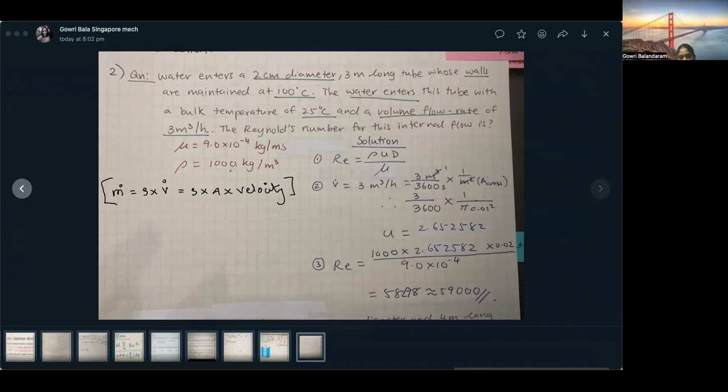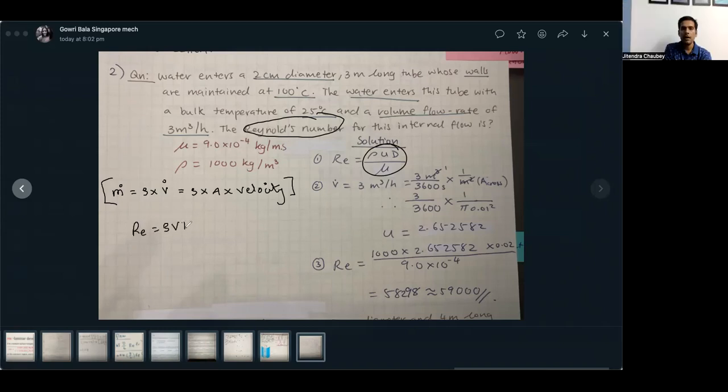The tricky part was they have given you volume flow rate per hour. You should divide it by 3600 to convert to meter cube per second. So to find the Reynolds number, the formula is Re equal to rho V d by mu. V is velocity.